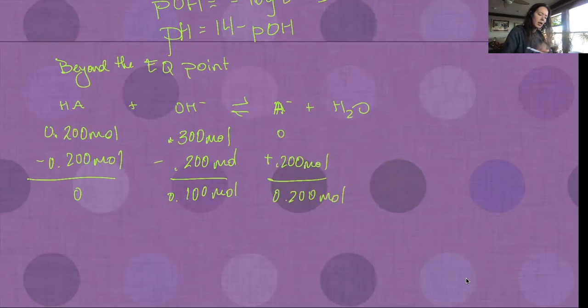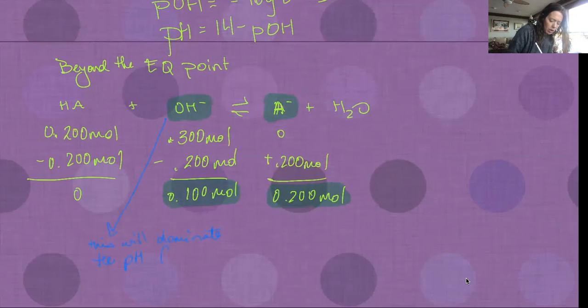At this point, we've got two things going on. We've got hydroxide present, and we've got A present. Well, the hydroxide is going to dominate. This will dominate the pH from this point on.